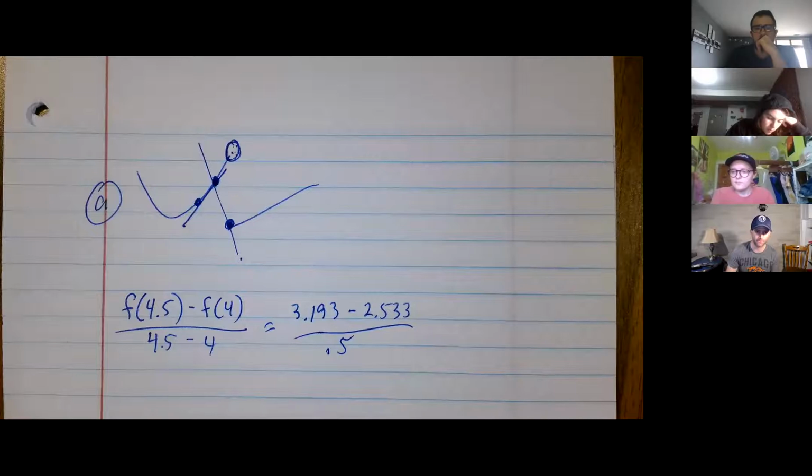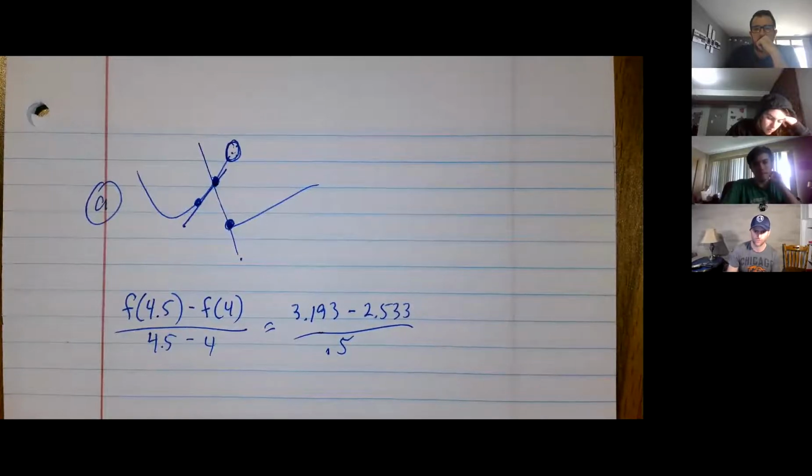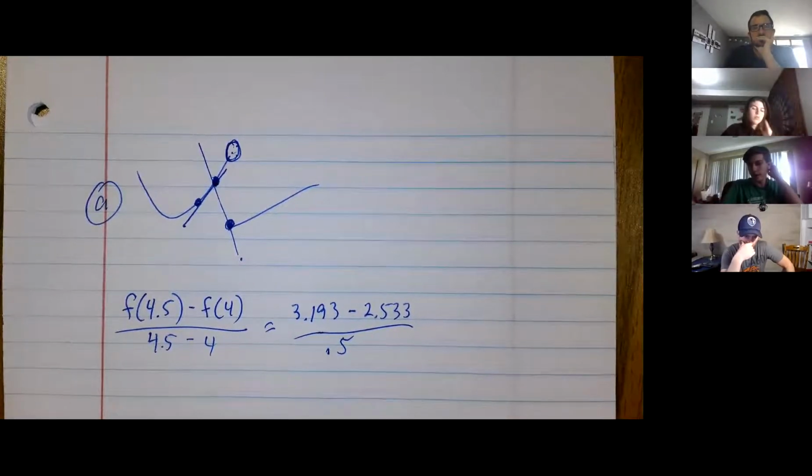Sorry about that. For that question, because the open circle is sort of close to 4, instead of using f of 5 as it is, I replaced it with 4 as the y value.